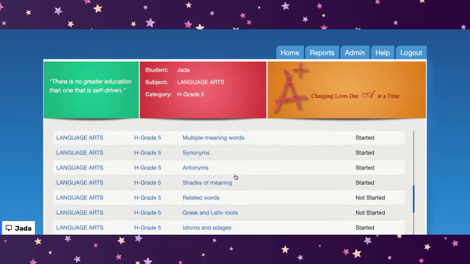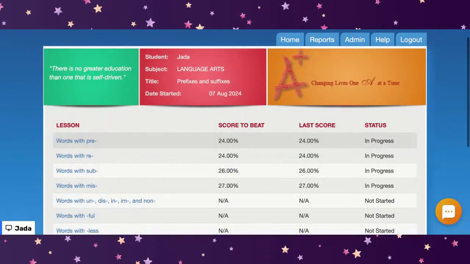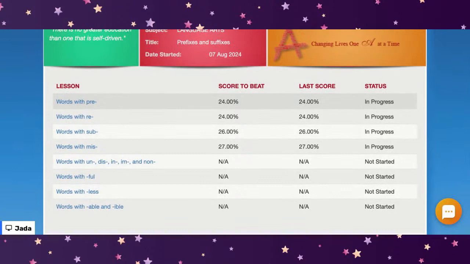So we have done 4 lessons from prefix and suffix. Today we will finish up the remaining 4 that we are yet to complete. Alright, so we will go with words with un, dis, in, and non.